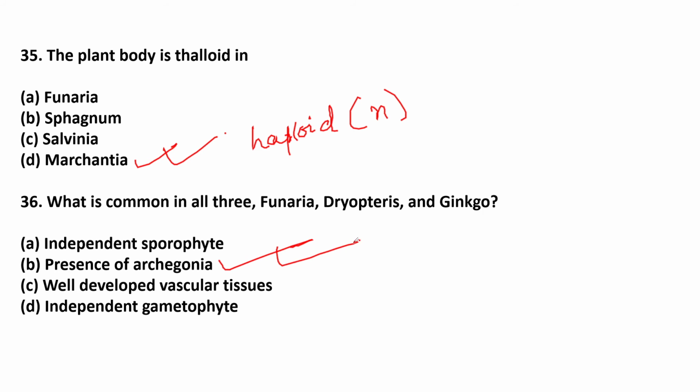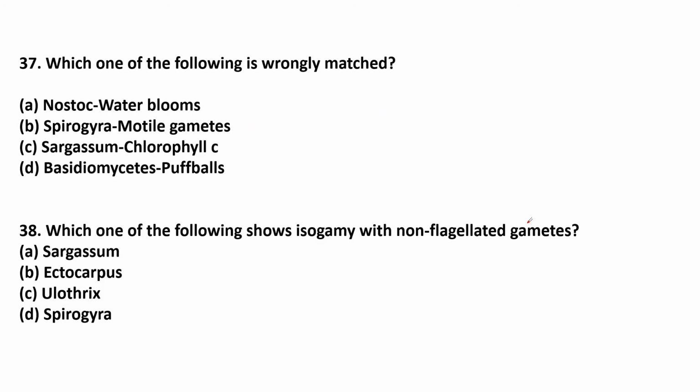The female sex organ archegonium is found in bryophytes like Funaria, pteridophytes like Pteris, and gymnosperms like Ginkgo.